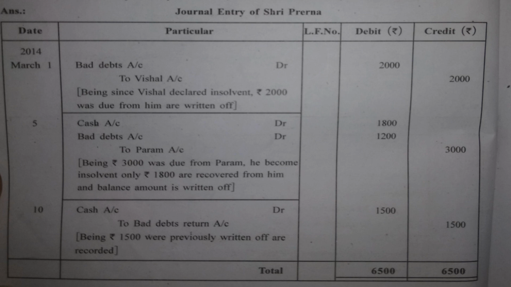So the journal entry is cash account debit 1800, bad debts account debit 1200, to Param account 3000. Being rupees 3000 which was due from Param, he became insolvent and only rupees 1800 are recovered from him and the balance amount is written off. Only 1800 are recovered, that means the remaining 1200 is a loss.